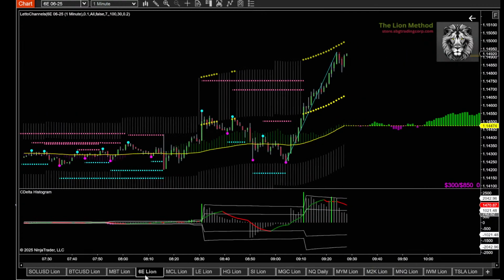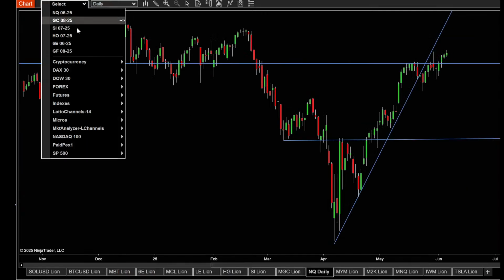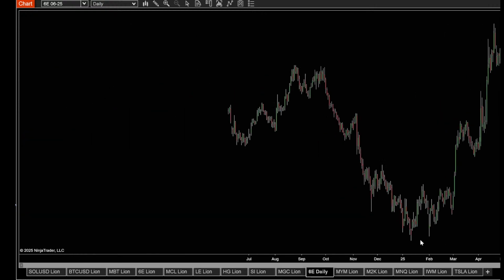Did it reach parity at one time? 6E. Oh, it was so close. Almost parity here. When was that? March? Oh, January 13th. Dollar, 2.5 cents. Oh, that was the old days.